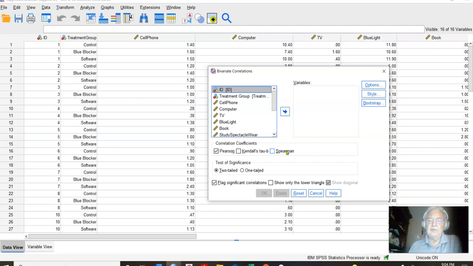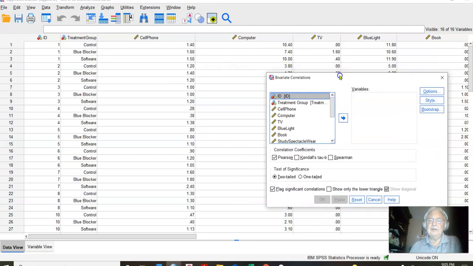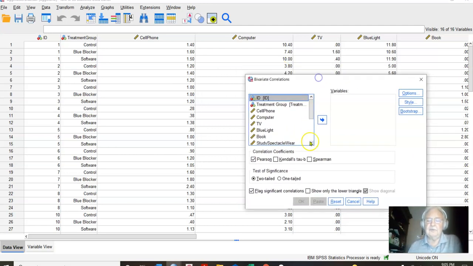You rank it 1 through n, and then you just run a regular Pearson correlation on the ranks. So the ranks are 1, 2, 3, 4, 5, an even number all the way down to the bottom, whereas in the Pearson, values take on whatever their values are. There are no even intervals, and there can be duplicates. It's a different way. Kendall's tau is something different. We don't really use that one too much.